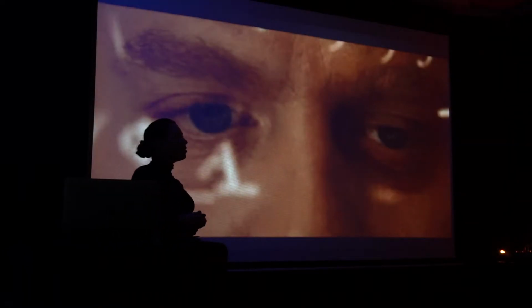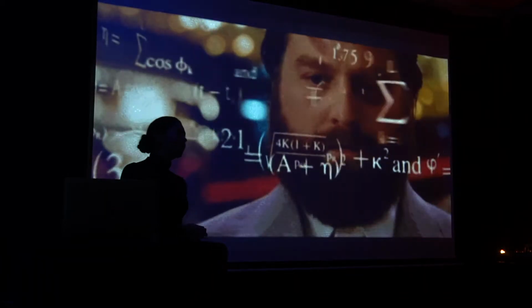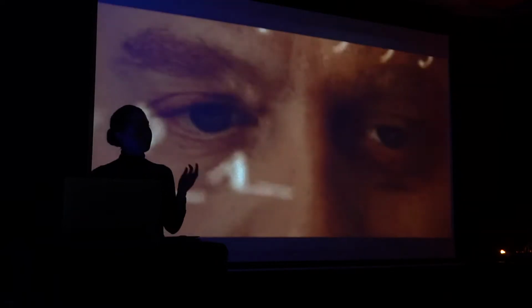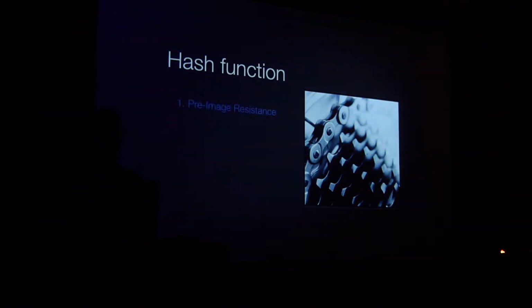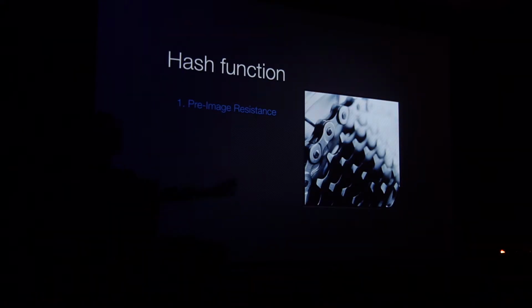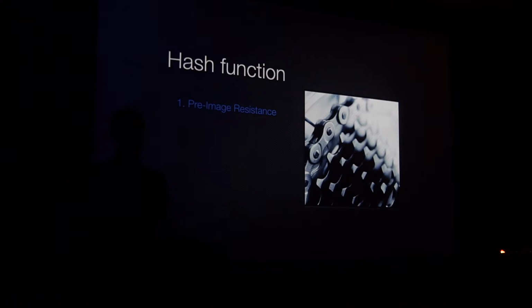And when we use hash functions, we also expect that the hash function will have specific properties. The first of them is pre-image resistance. How does it work? If we provide a value to this function and it returns, in our case, an output, it should be mathematically difficult to find the input, so to reverse it.